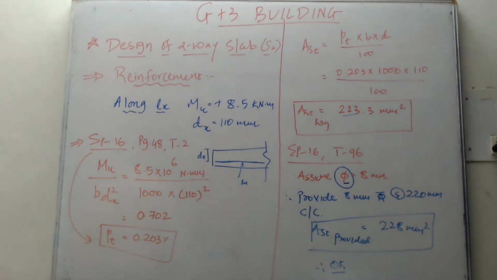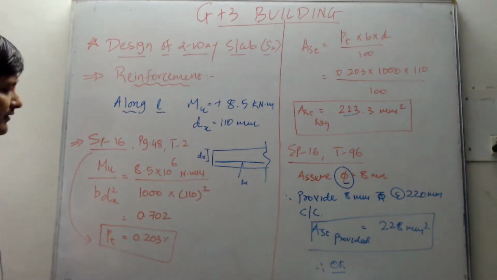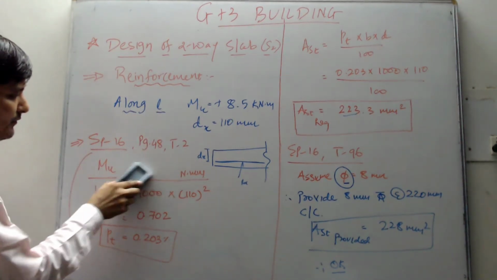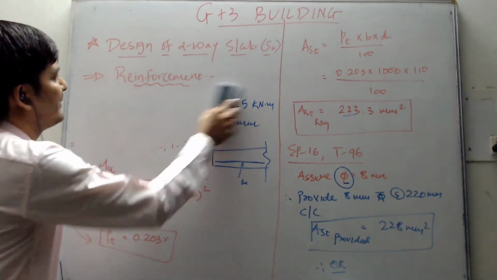Next, let us quickly calculate the steel along LY direction, that is positive value only. So let me change this, these values will change. Okay, let us do it separately.